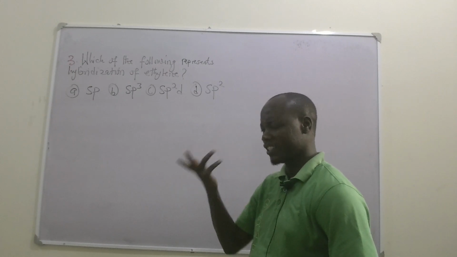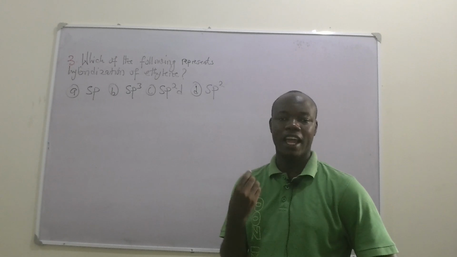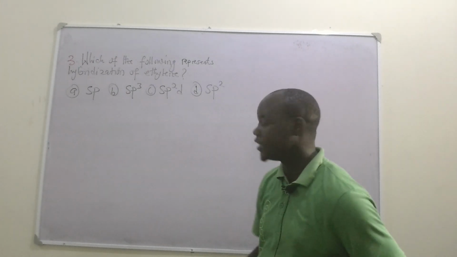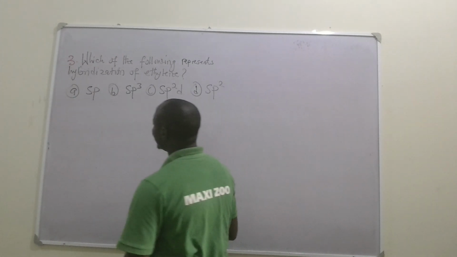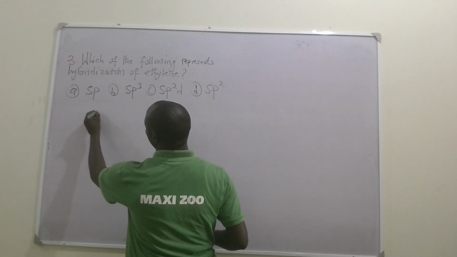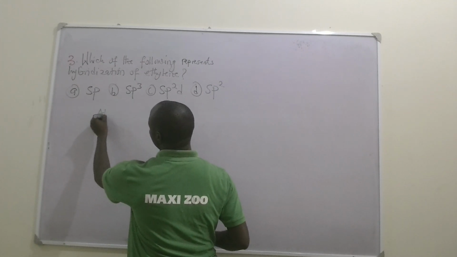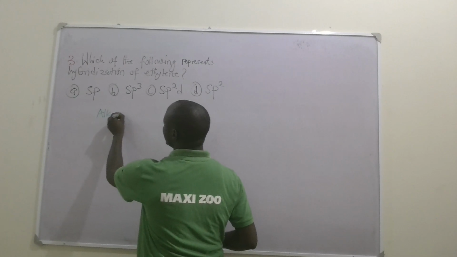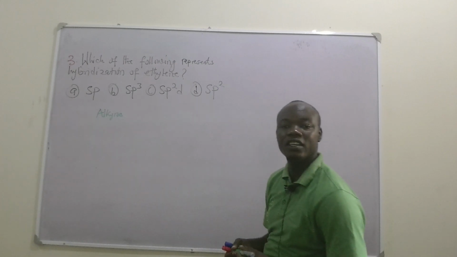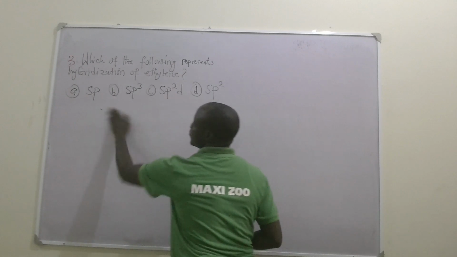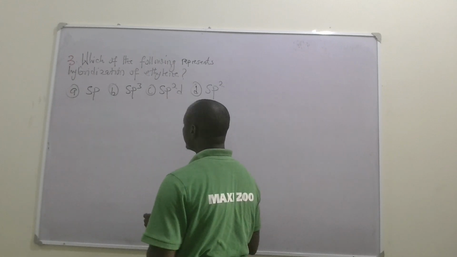We have to know what ethylene is. Ethylene has an alkyne functional group.